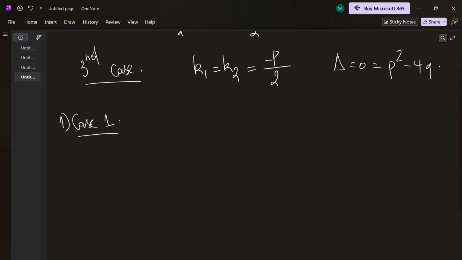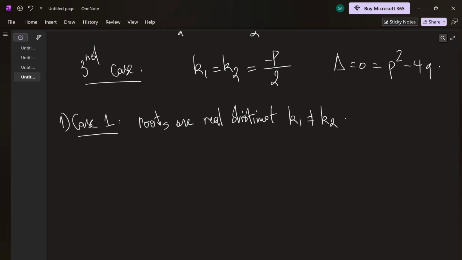Case 1. The roots of the characteristic equation are real and distinct, K1 different than K2. In this case, the solutions are very simple.